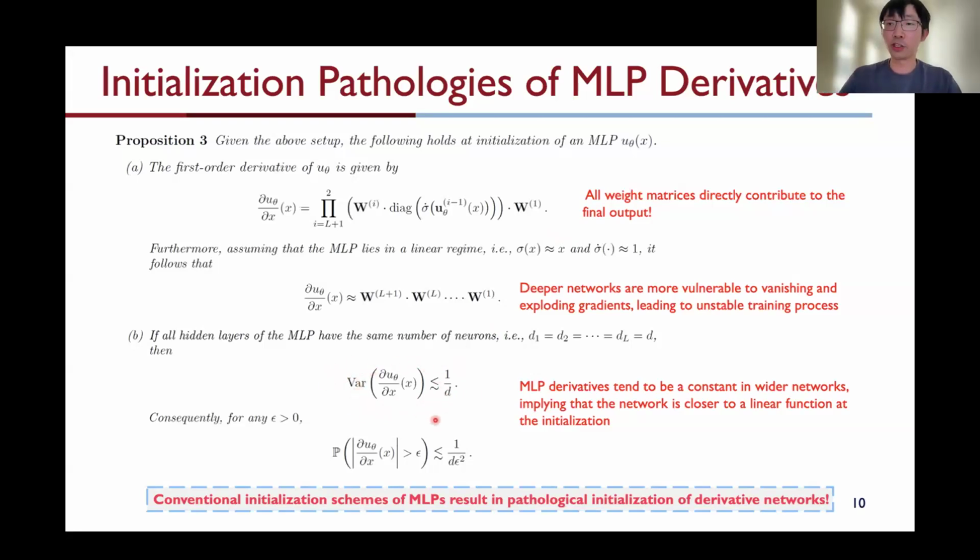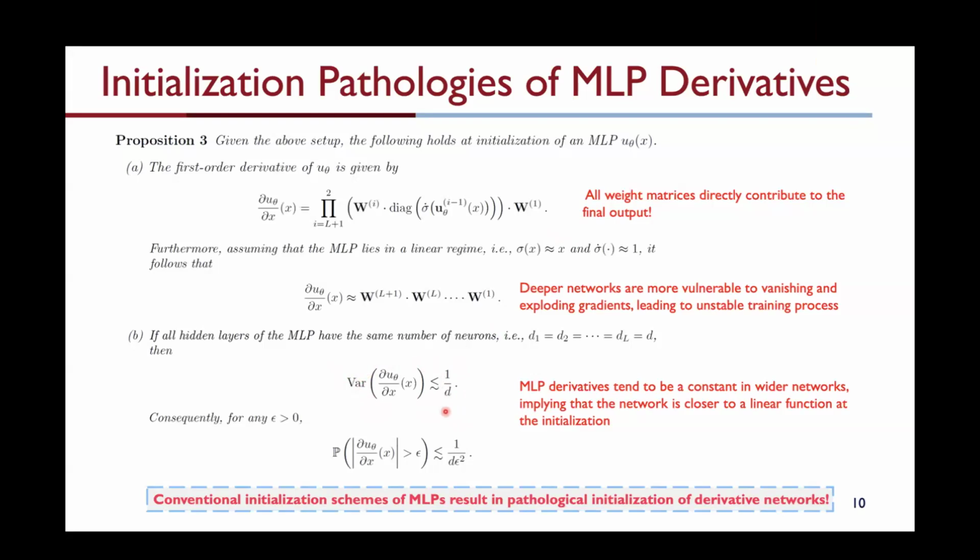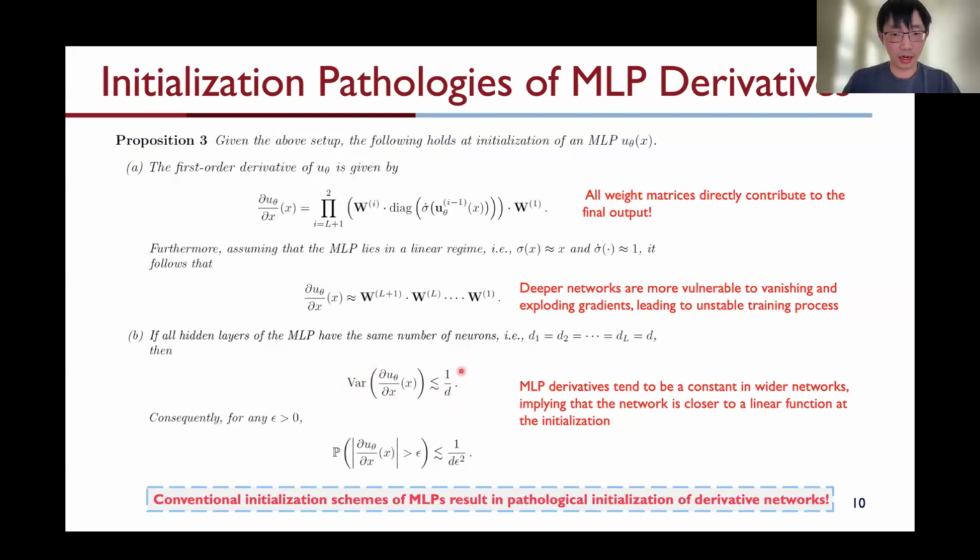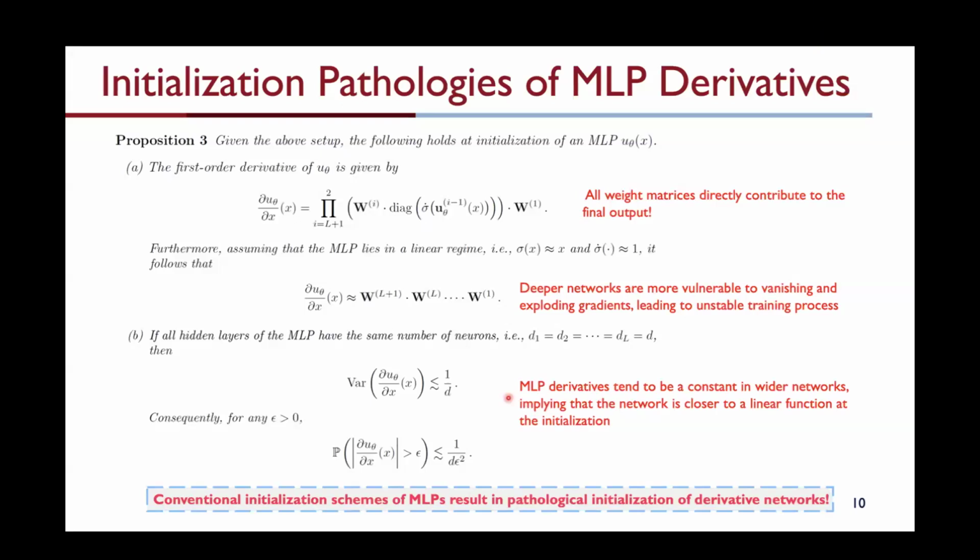Yes, but during training, it may not hold. Okay, but in that case, shouldn't that be addressed somehow by a normal ResNet? For that, I'm not sure. Actually, I cannot give you an answer. We need to write down the analysis and see what happens for the ResNet. Oh, okay. Thank you. Okay, this is a proposition.